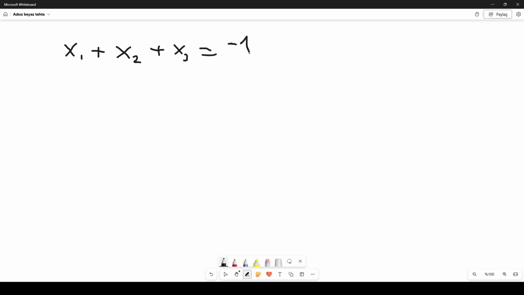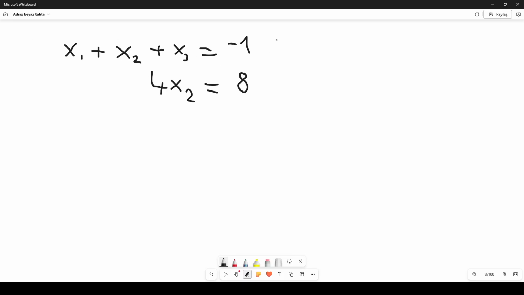I just made up the values. That doesn't matter. The important thing is to understand what we're trying to show and the logic behind these methods. And let the second equation be 4x2 is equal to, say, 8.